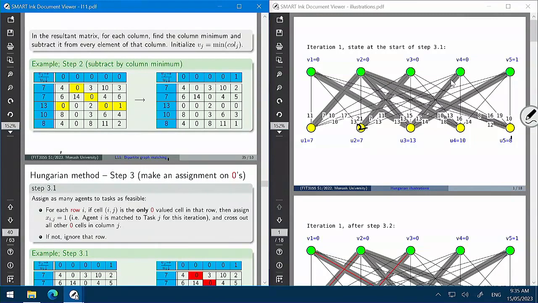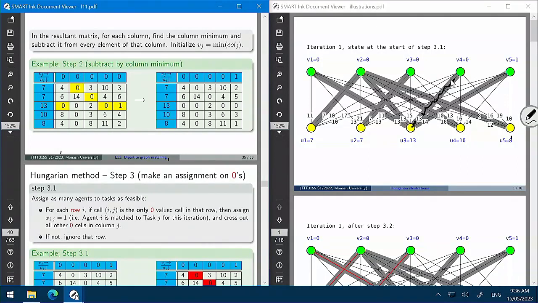It means that if you look at any edge here, if you take the first one that you did, what was Ui plus Vj for that? Is that equal to the cost associated with it?